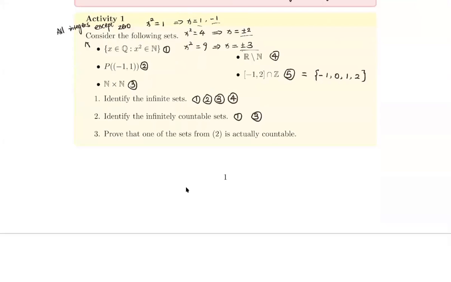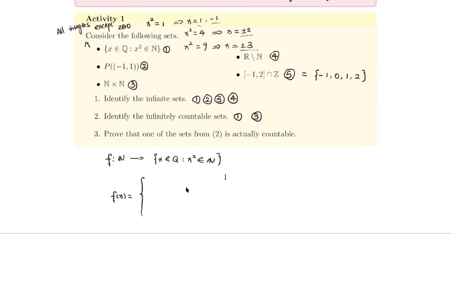So let me think. We can have f map from natural numbers to this. Such as, let's say our f of x equals, Cantor's theorem.